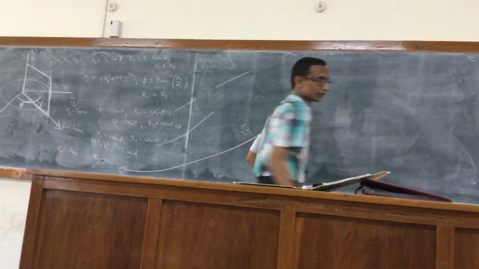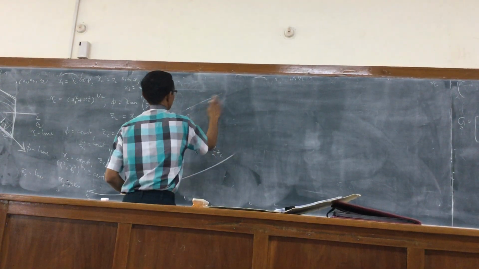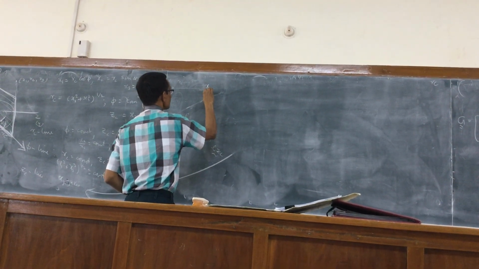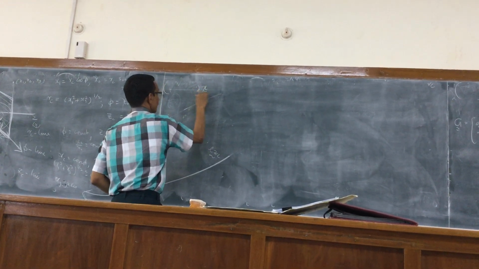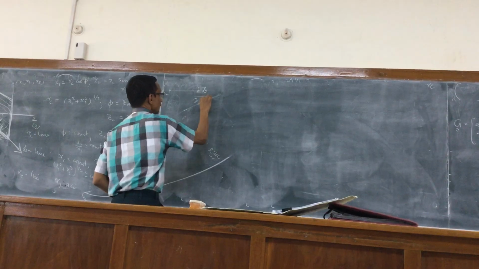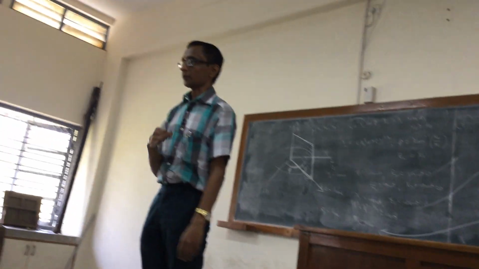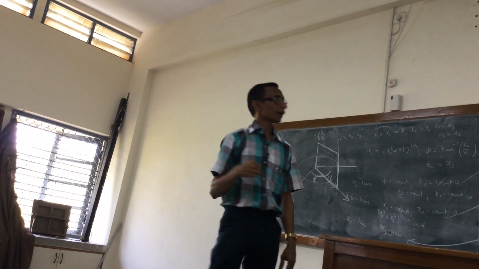Metric coefficients are defined in terms of the tangent vectors. We've already seen that dx by du_i gives the vector which is in a direction tangential to the u1 coordinate line.